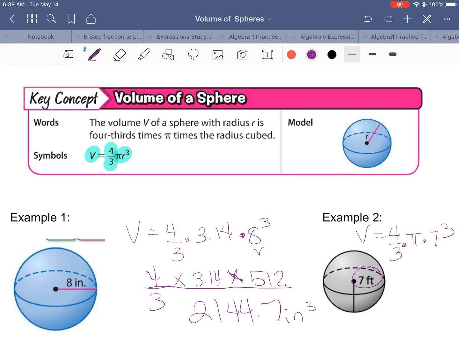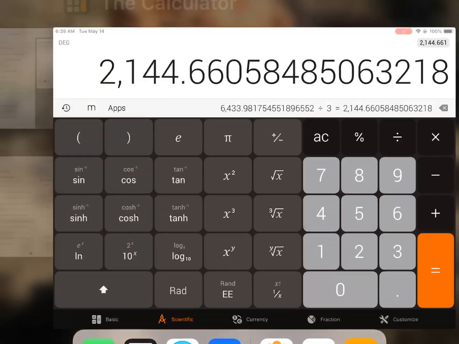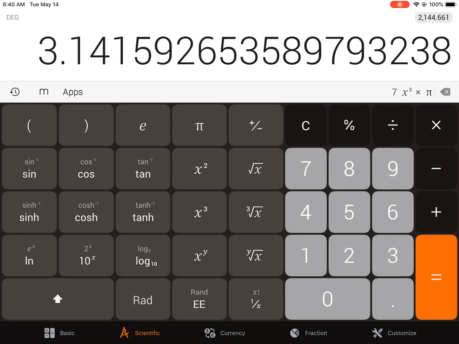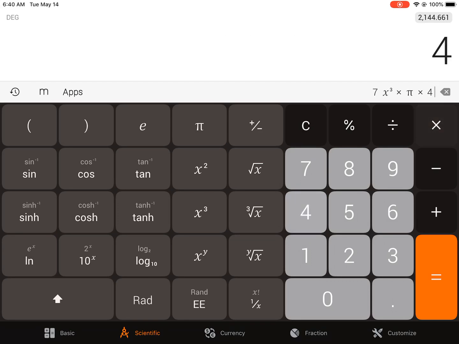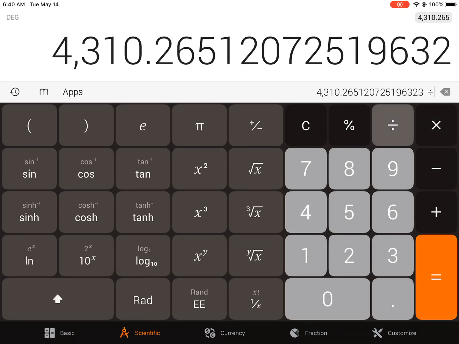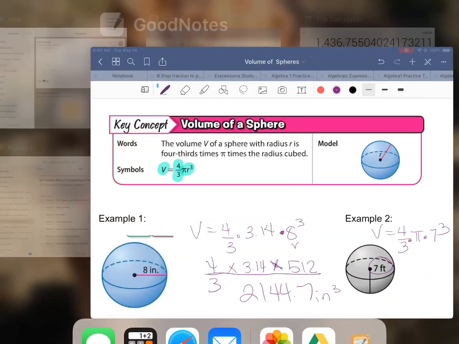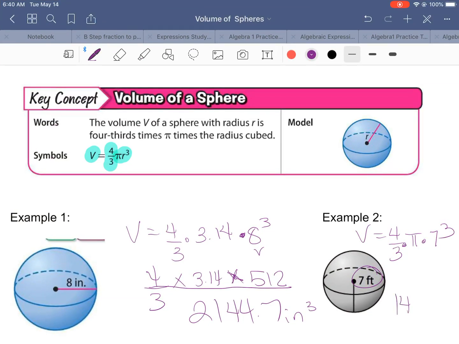Okay, so let's go ahead and do that. 7 cubed first. 7 cubed is 343 times pi times 4 equals that, divided by 3 equals 1436.8 feet cubed.